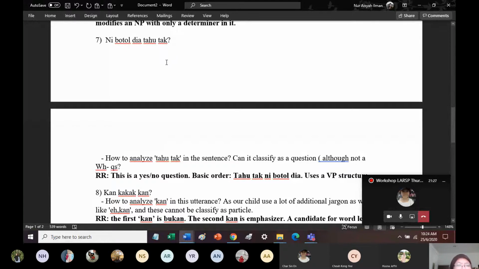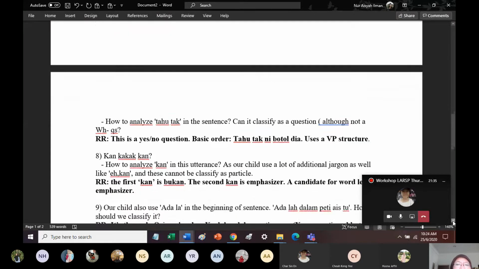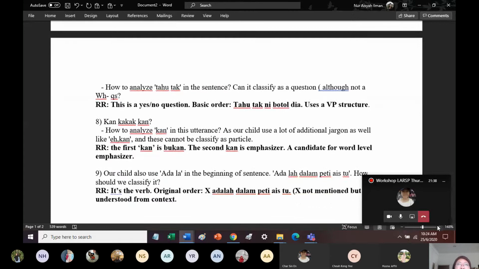Tak. Tahu? Jawab dia yes, no. Yes, no. So this is a yes/no question. Dan kita tengok balik. Selalunya yes/no question ni dia hanya bagi V. The question yang ada kombinasi V tu is the yes/no question.